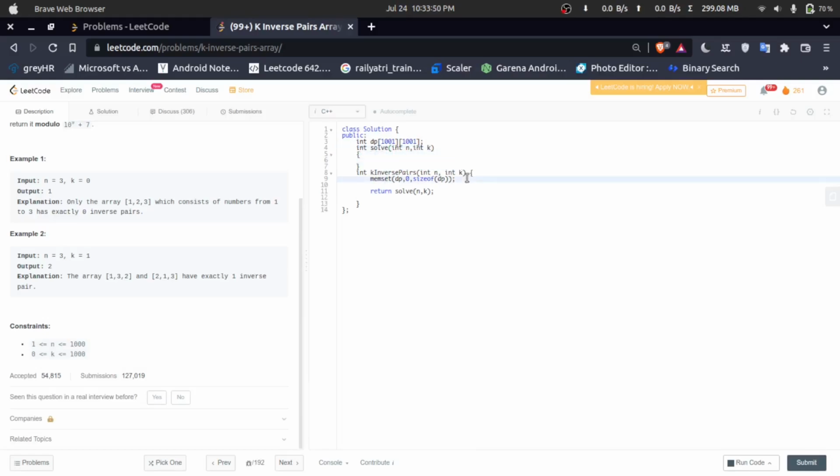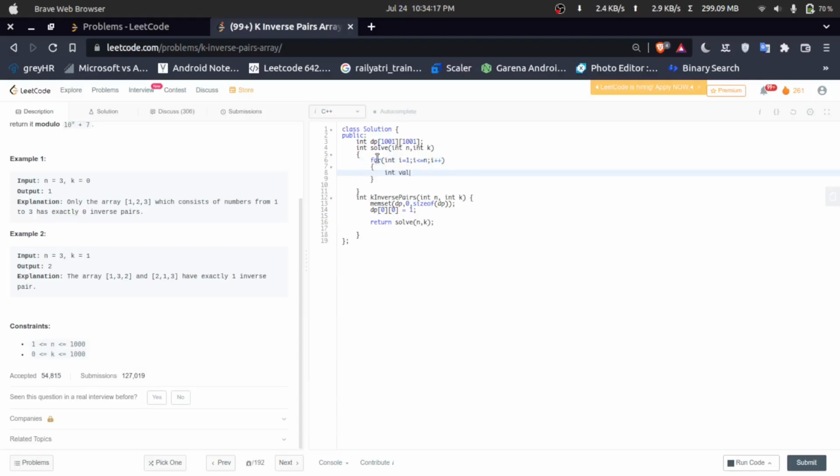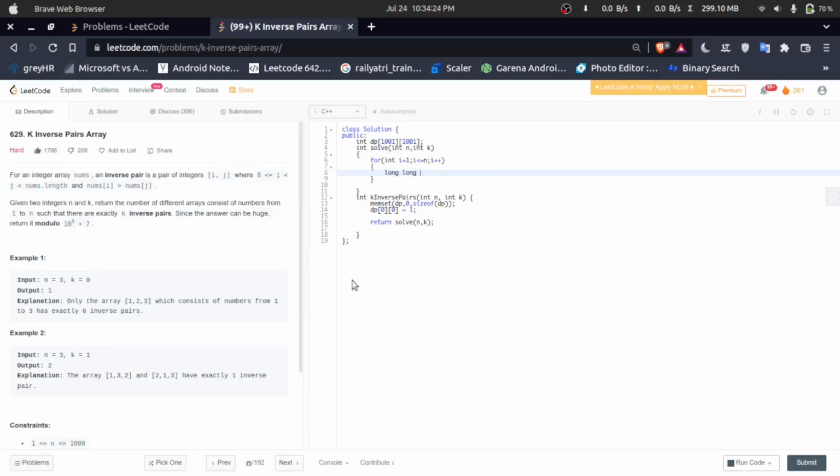So I'll have to initialize dp of 0 equals 1 at the first time, and then for integer i equals 1, i less than or equal to n, i plus plus, long value equals 0. We'll have to take long because the value can become great.